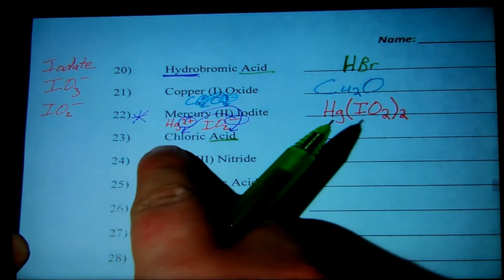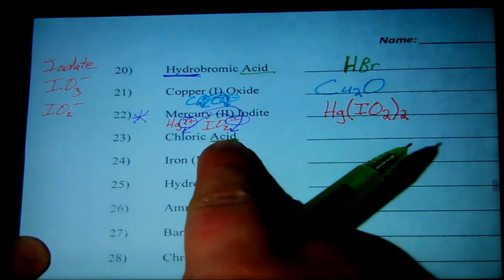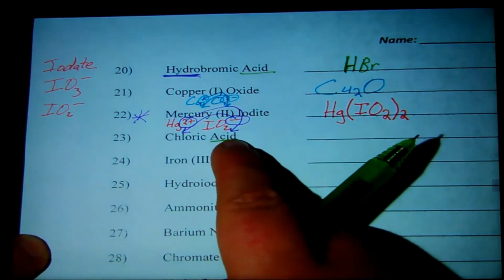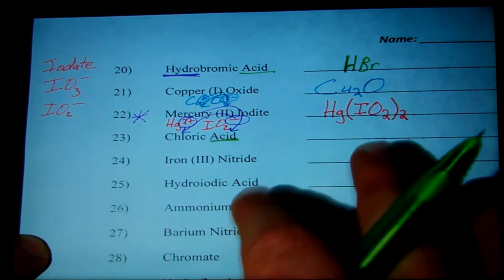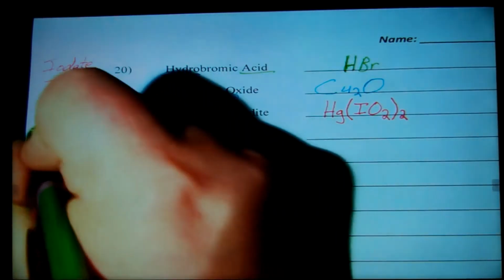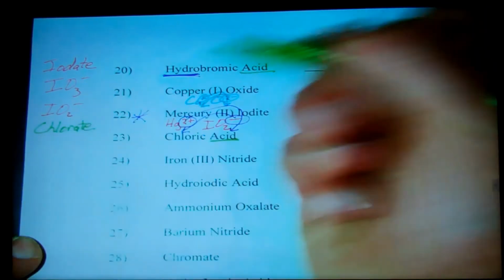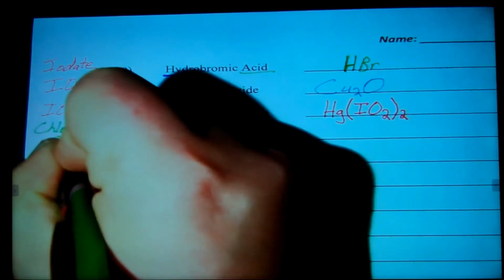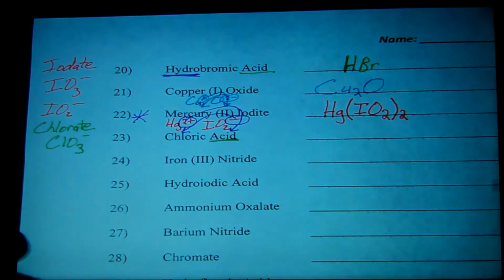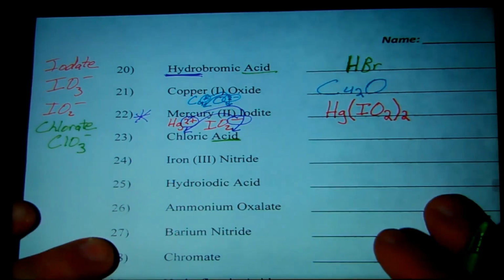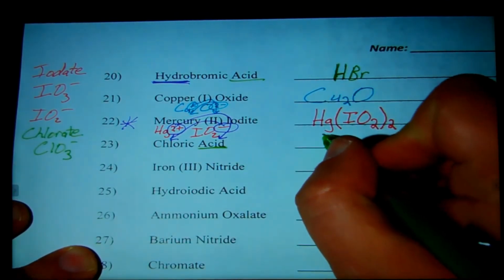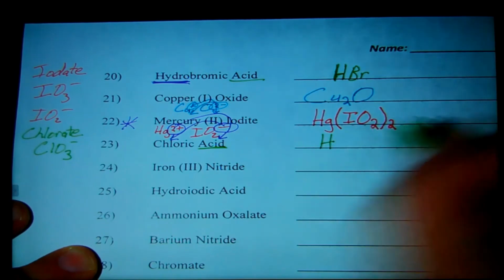So let's look at this. Chloric acid. This is how I do it. Ic acid. Where did it come from? It came from ate. So we're dealing with chlorate. Chlorate is ClO3 negative. So now we know what to start with. Okay, so on 23, it has to have hydrogen first. Why? Because it's an acid.